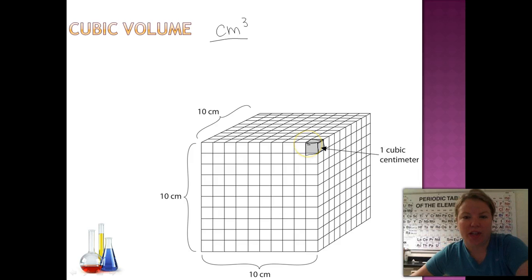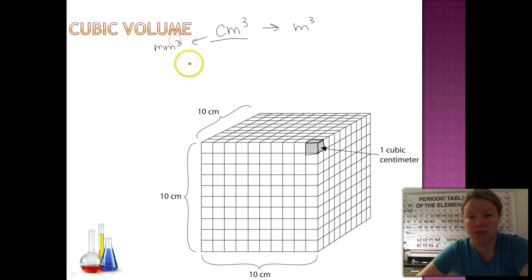And the real tricky thing here is if we have to go from centimeters cubed to like meters cubed, or from centimeters cubed maybe to millimeters cubed. And this cube really changes how we use that SI chart, okay?